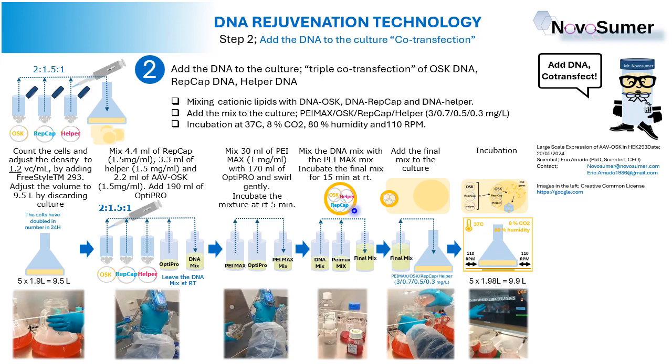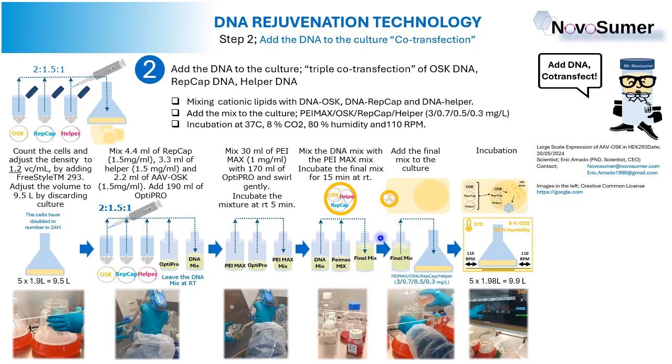They are kind of spheres with the detergent outside and the DNA inside. So we leave the mixture 15 minutes at room temperature, and it will start forming these spheres. It's important to respect these 15 minutes, no more than 15 minutes and no less.